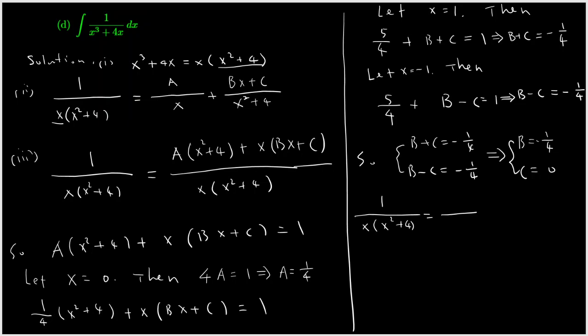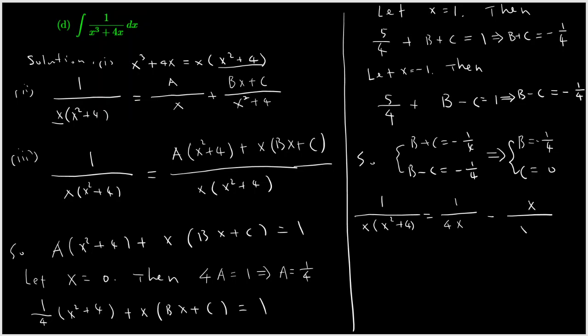Okay. A value, I think a value is 1/4. You have 1 over 4x, right? A value is 1/4. B value is negative 1/4. C value is 0. Now you look at here. I think c value is 0. It will give you a minus. On numerator you have x.